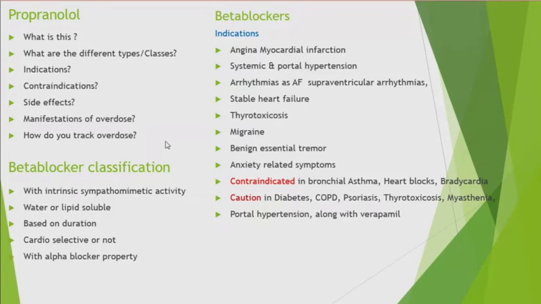Now there are very short acting beta blockers and long acting beta blockers. Propranolol is a medium acting one. Can you name one long acting one? Atenolol, which can be given once a day. What is the shortest acting beta blocker, which can be given intravenously?